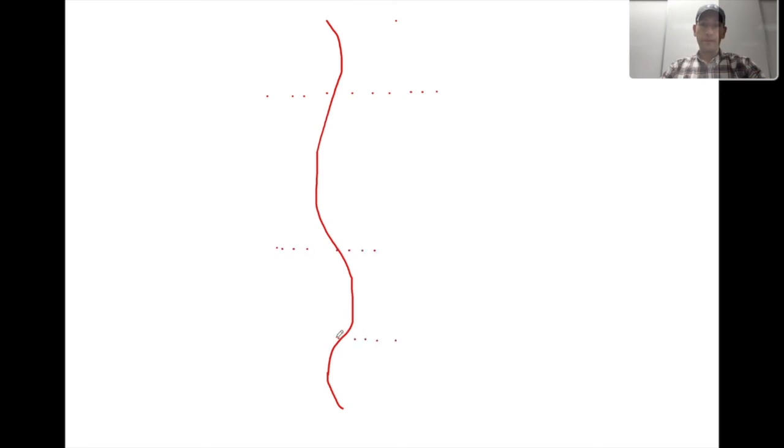The very top curve is your cervical curve. And the next curve is your thoracic curve. The third one is your lumbar curve. And finally, the last one is your sacral curve.